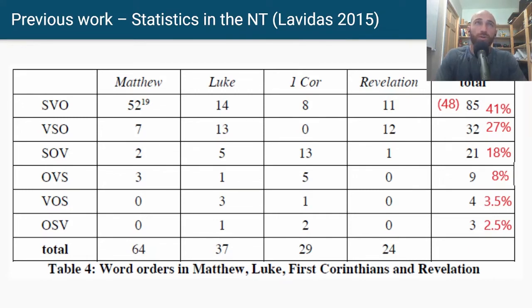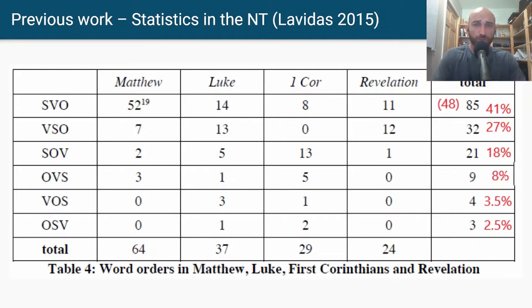She has this footnote right next to it. She has 52 clauses in Matthew for SVO, and she has a footnote saying, okay, well, 38 of them are from the genealogy in the beginning of Matthew. So I actually took that data out and I counted it as one clause. And if we do that, we're left with 48.